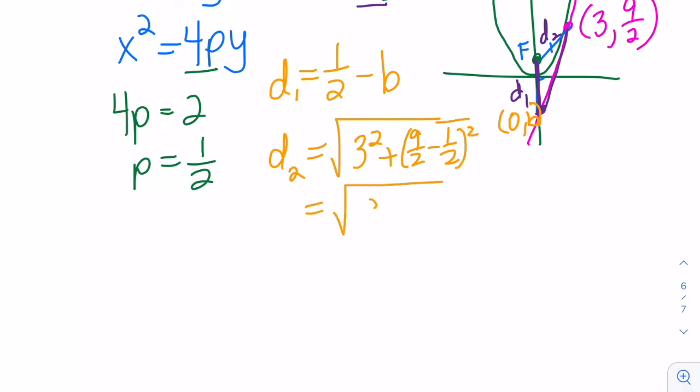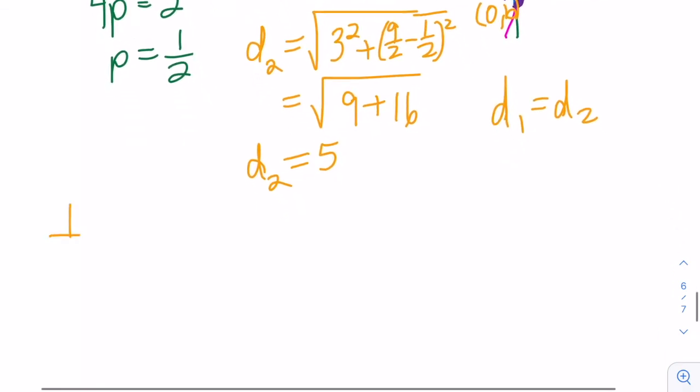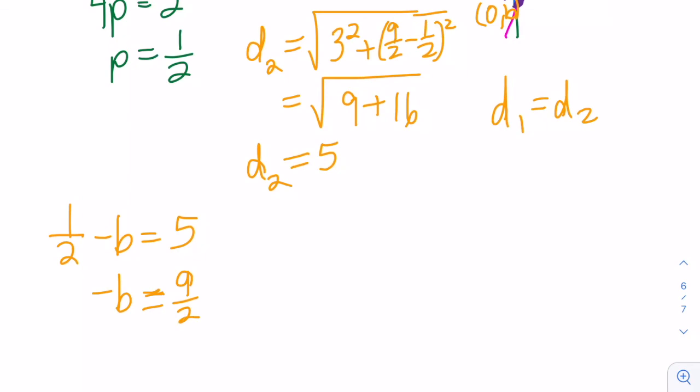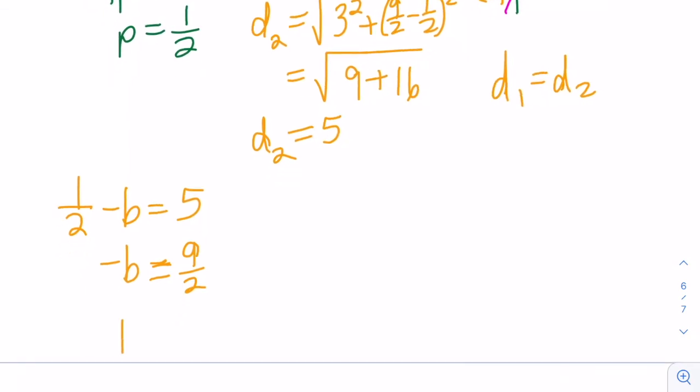So that'll be the square root of 9 plus 16. So D2 equals 5. Since we know that D1 equals D2, we can set up the equation: 1/2 minus b will equal 5. So b must be negative 9/2.